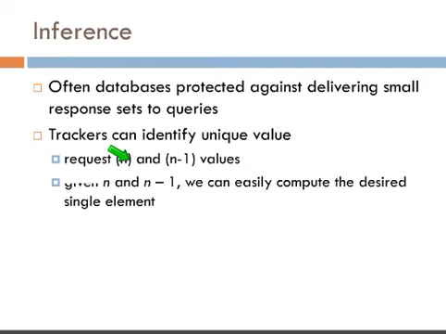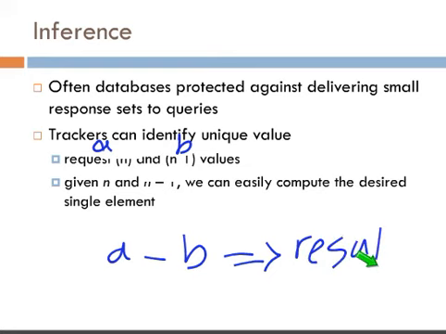For example, we run a query on n items, then we run a query on n-1 items, and if you take this value, for example A, and this one B, A minus B may give you some results.